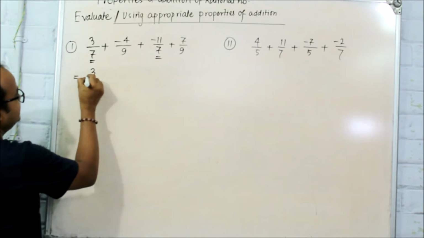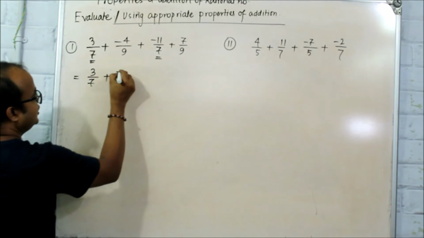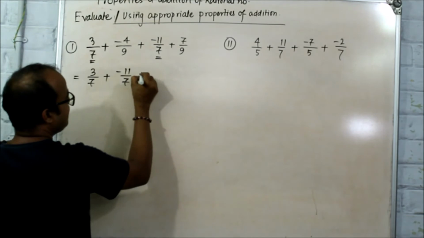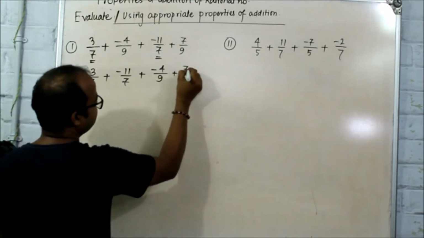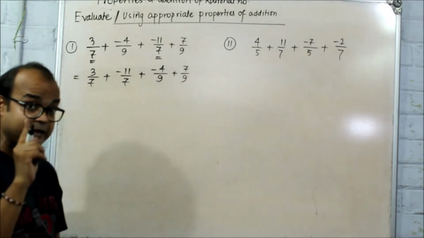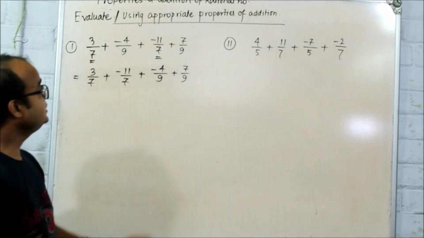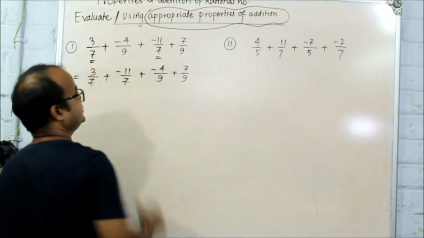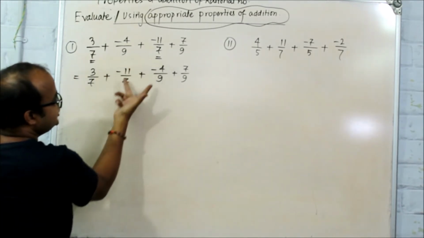So we'll keep 3 by 7, this term, plus of minus 11 by 7 plus minus 4 by 9 plus 7 by 9. See, the first thing you need to observe, I have not applied the sign changes anywhere, because question is given using appropriate properties of addition. So now if you see, I have interchanged their position.